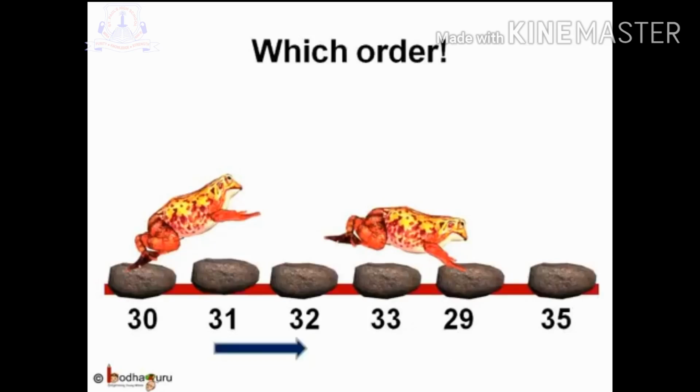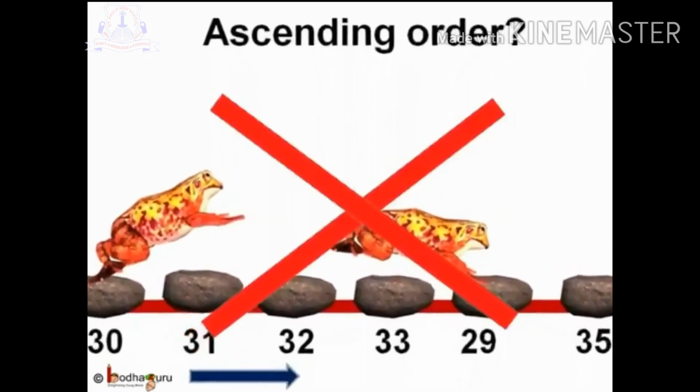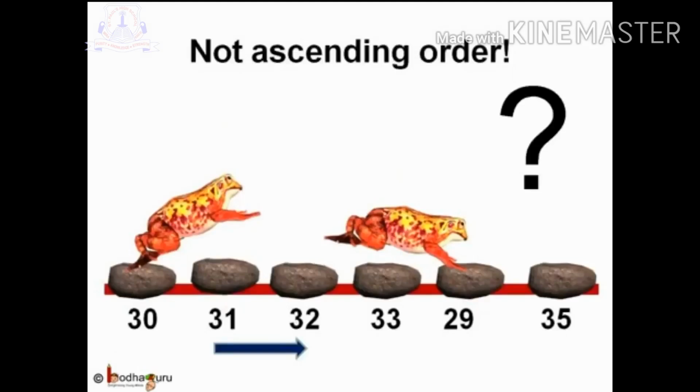What can be done to make it ascending order? 29 should be placed before 30. Then only all the numbers will be in ascending order.